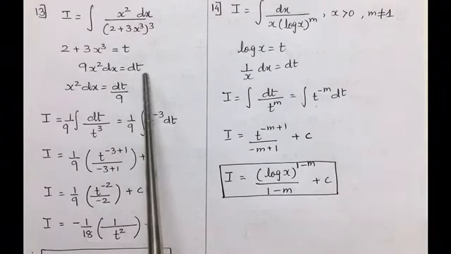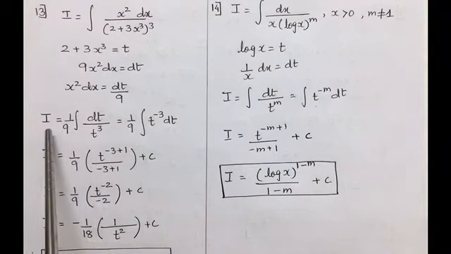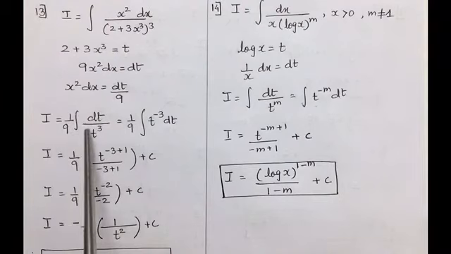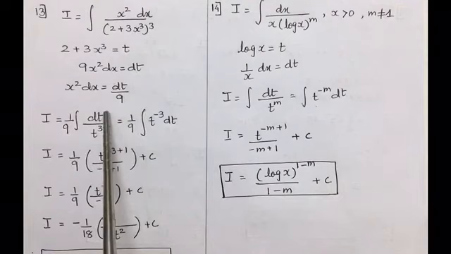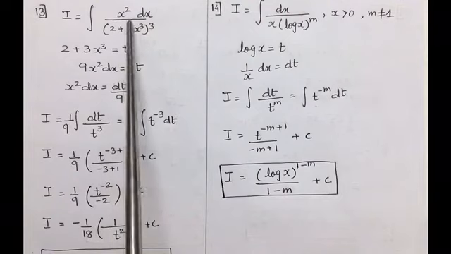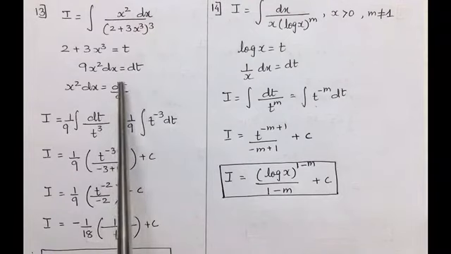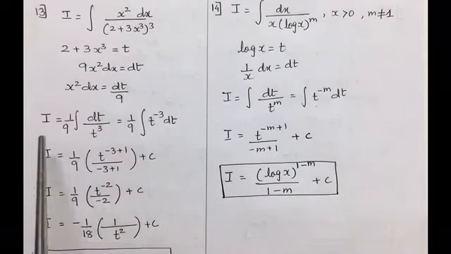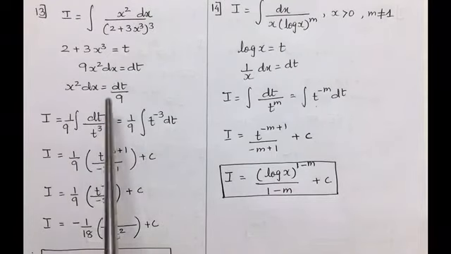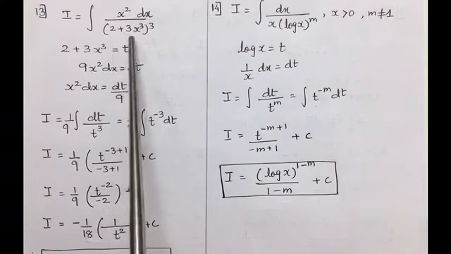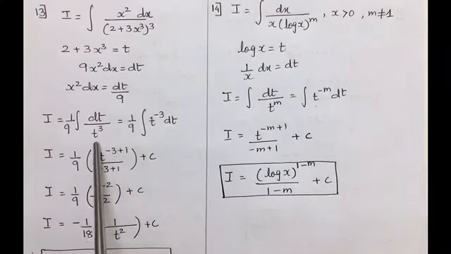So x square dx will be equal to dt by 9. So the integration becomes 1 upon 9 integration dt. In the place of x square dx, dt by 9 is being kept.